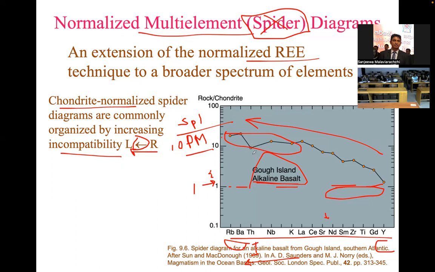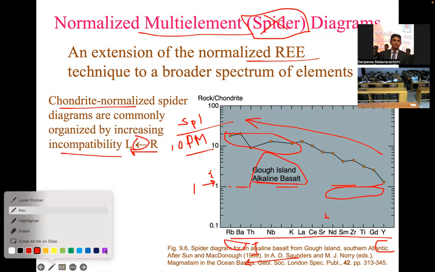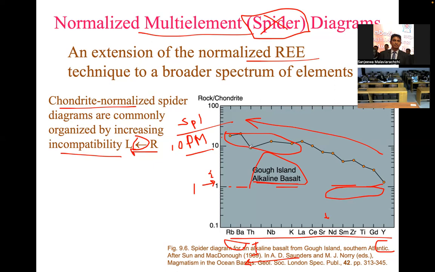Whereas you can further describe this. For example, if you look at carefully, you will see this slight depletion is there. What is that? That's thorium. So you can see in this pattern, thorium is slightly depleted. Relative, this depletion is always relative to the adjoining trace elements, right?